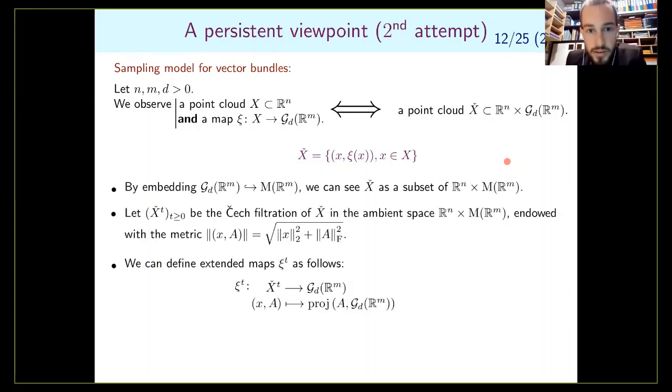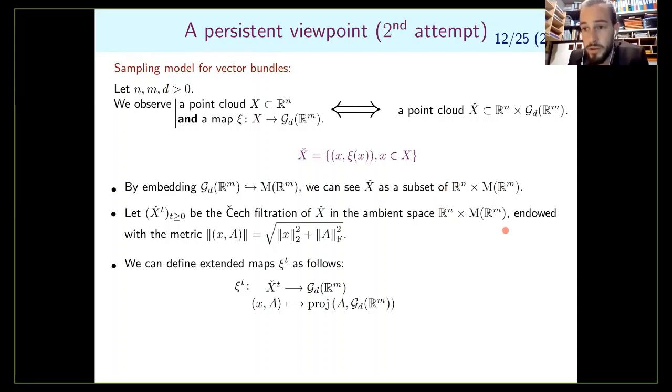And now it goes in 3 steps. First, embed the Grassmannian into the matrix space. So we can see this point cloud X check as a subset of the product of Rn times the matrix space. Now, this product is a vector space.